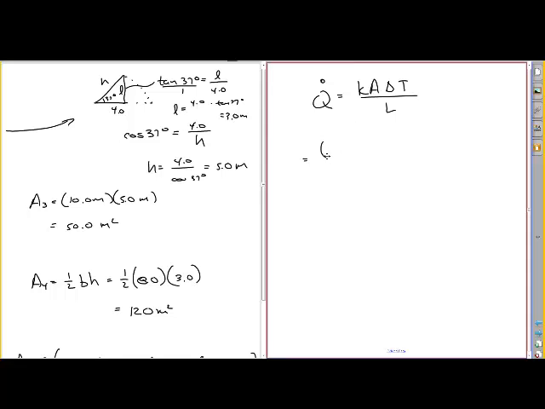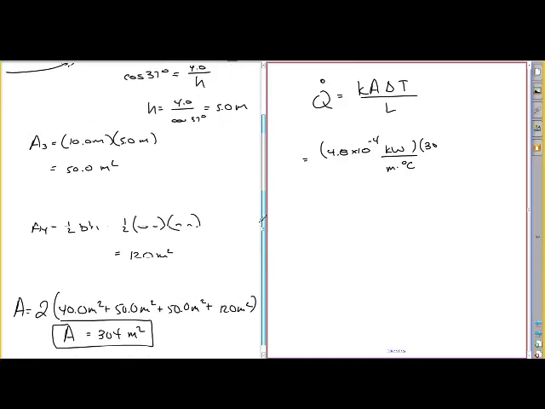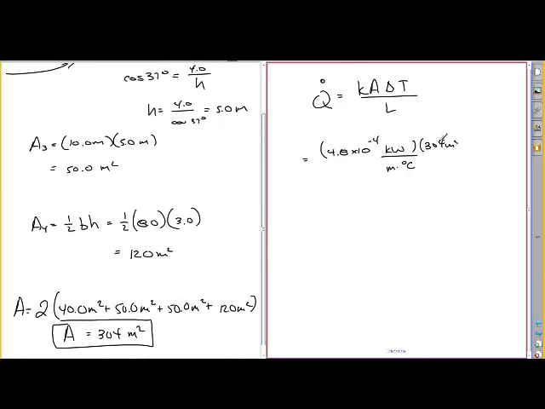We got that the heat transfer coefficient, I'm going to write it out as 4.8 times 10 to the minus 4 kilowatts per meter degree C, times the area, which is 304 meters squared, times delta T, which is 25 degrees C, all divided by L, which was 21 centimeters, which is 0.21 meters. So that's the heat transfer rate.